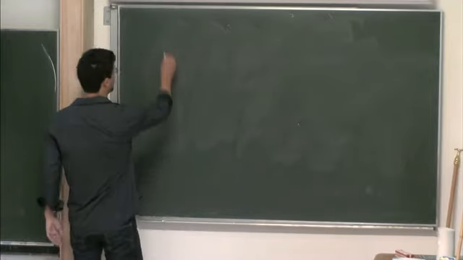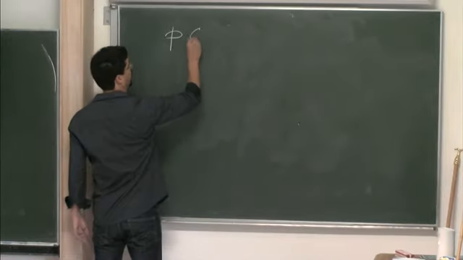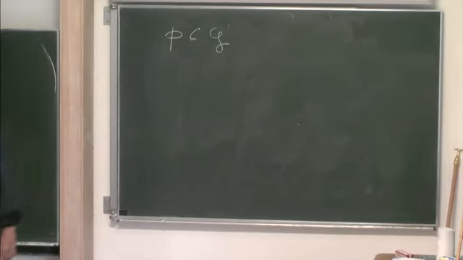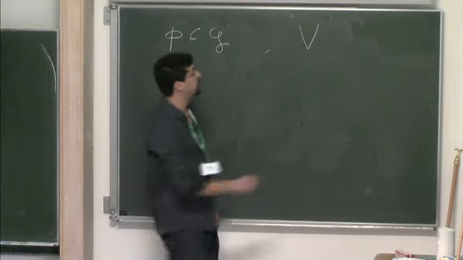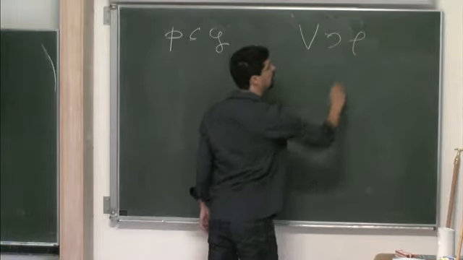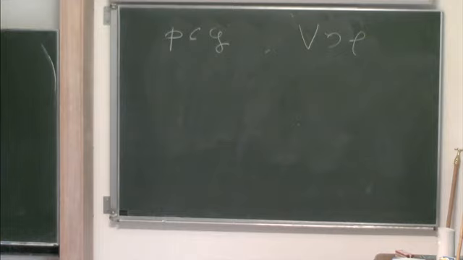So for every parabolic subalgebra, for every symmetrizable Kac-Moody algebra, and for every finite dimensional representation V of the Levi factor, we have an algebra like that.